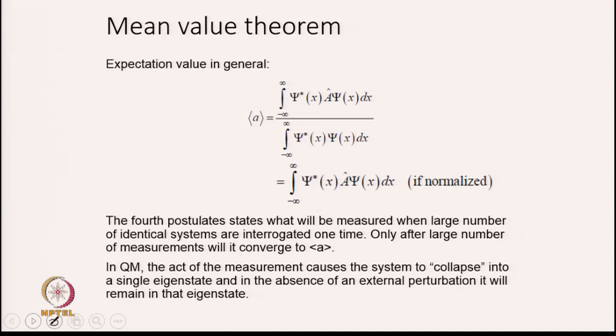This denominator will be equal to 1 for a normalized wave function, and so the average value of A will be given by the integral of psi star x operator A on psi x dx from minus infinity to plus infinity. So, this is the way you can calculate the mean value of A.